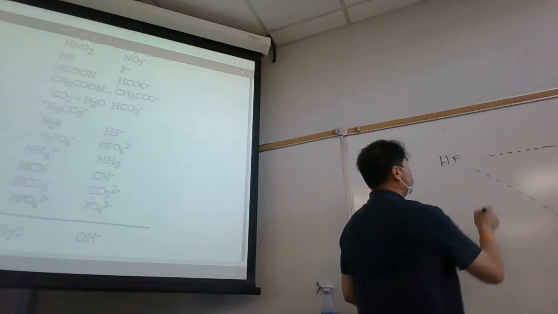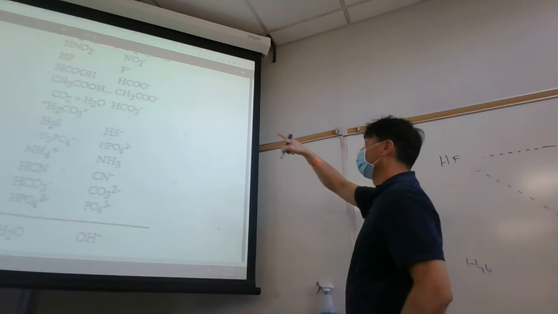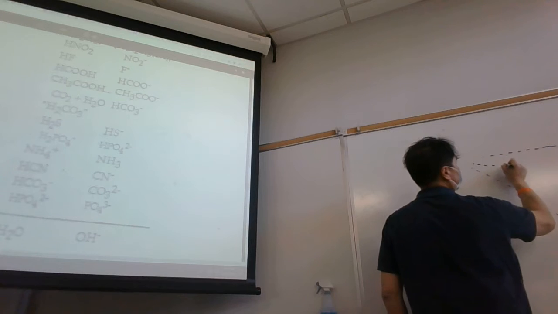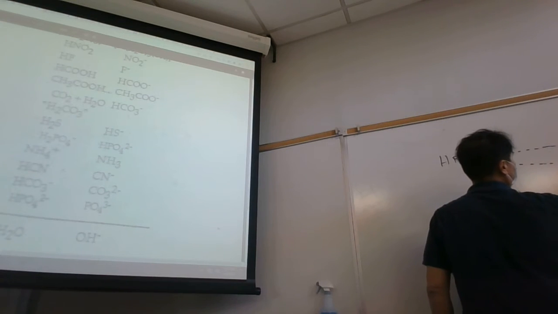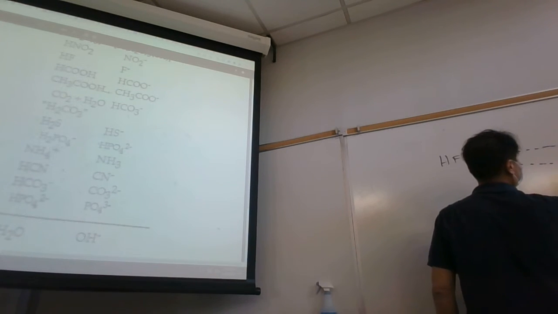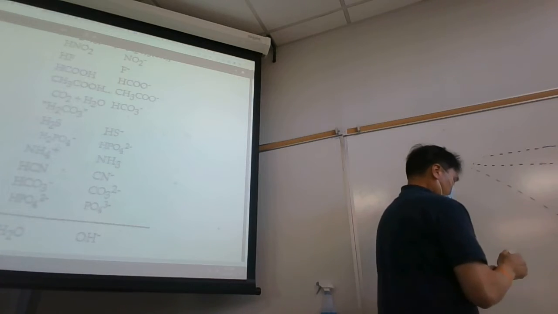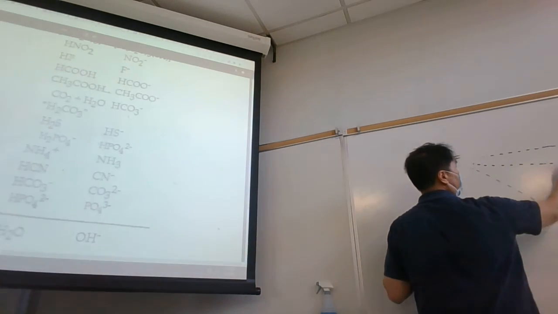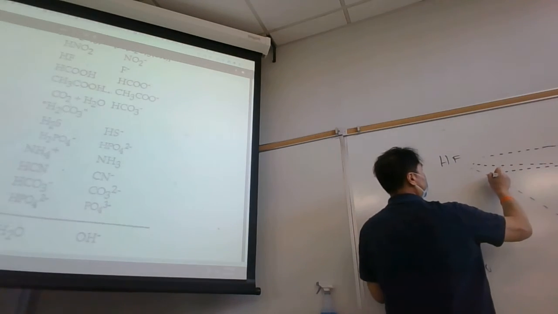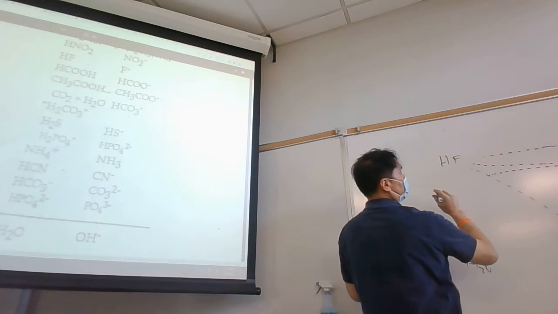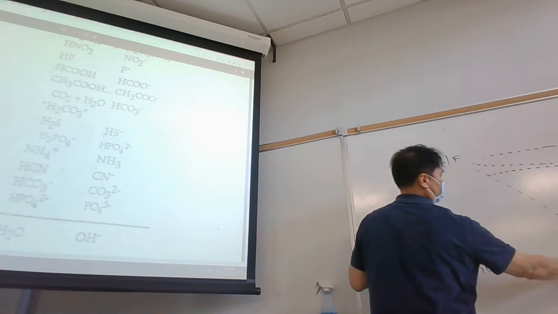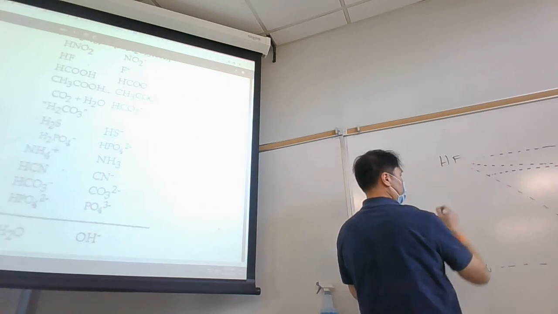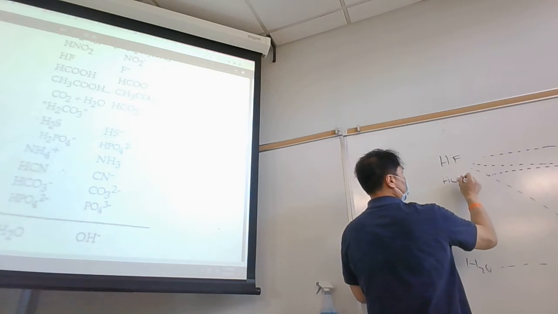If I look at HF reacting with something like formate, HCOO minus, then what I form here is fluoride and this one, which will be formic acid, HCOOH.